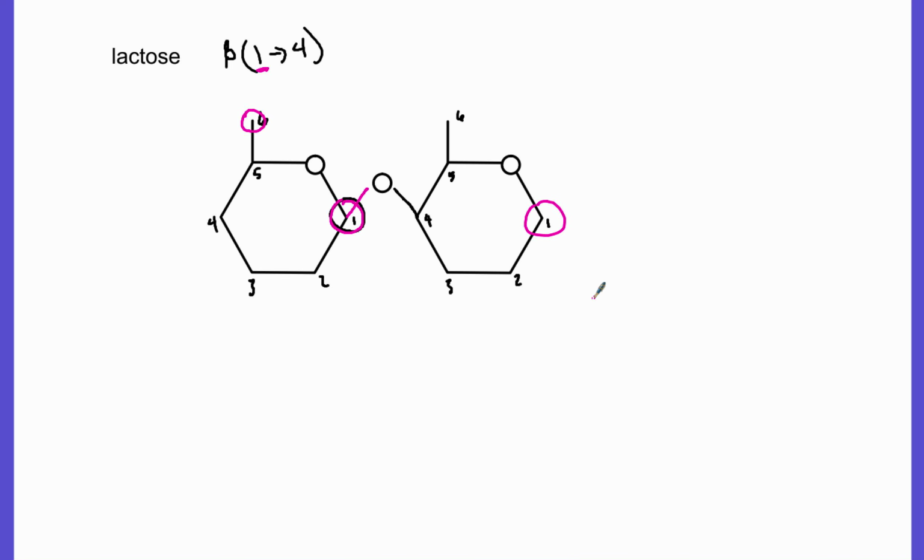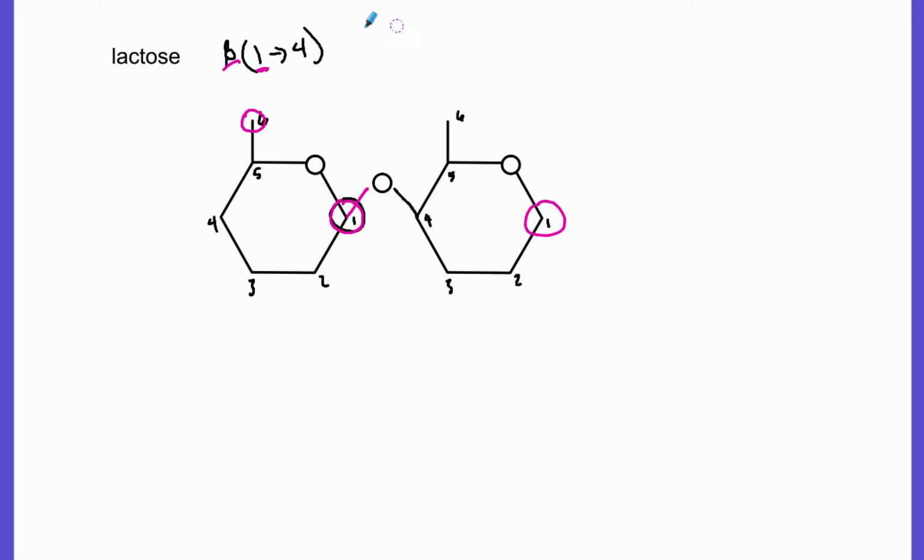So I don't really care about that second ring, whether it's up or down, because there is no up or down in that situation. I'm just connected to that 4 carbon. So the beta applies to that 1 carbon because this oxygen is up and on the same side as the number 6 carbon, but otherwise the 4 can be connected however you want it to be. But this is how I would generally draw lactose.